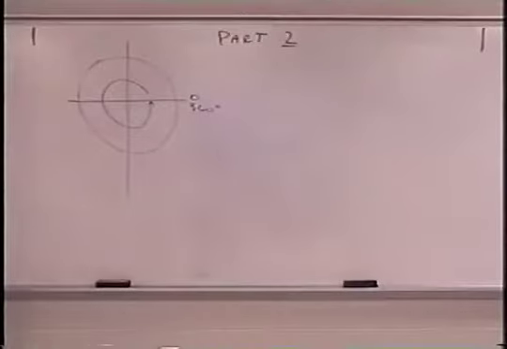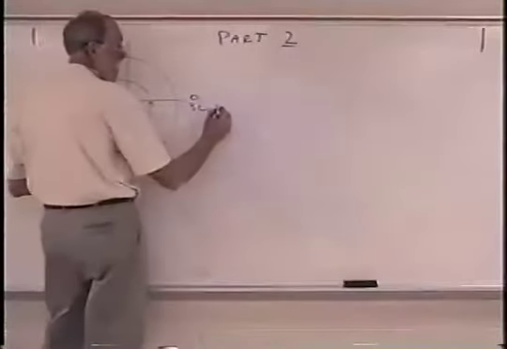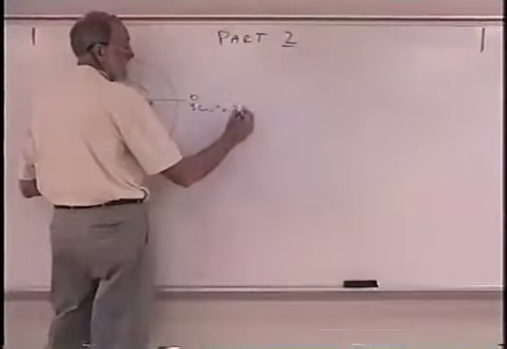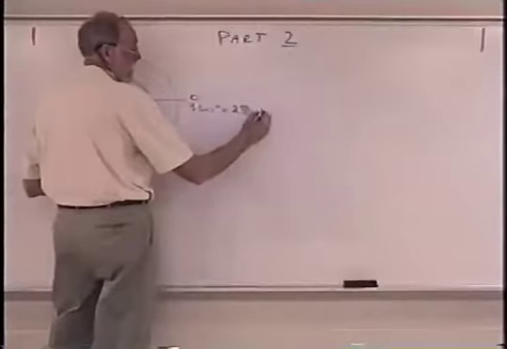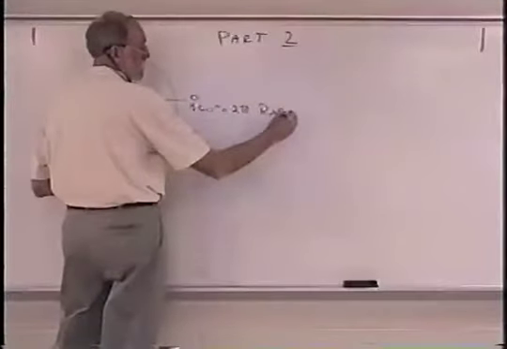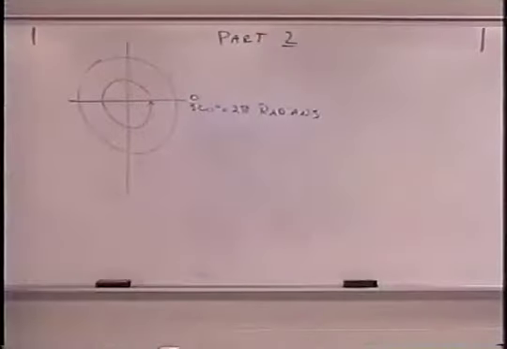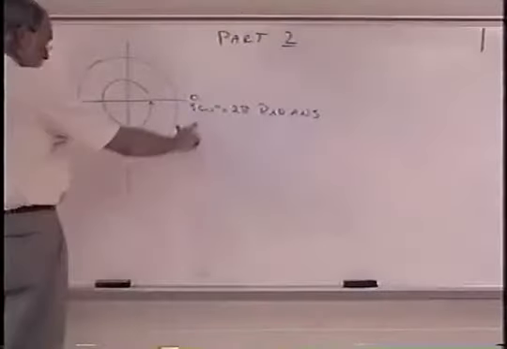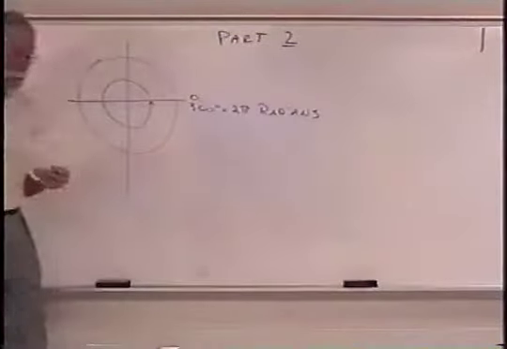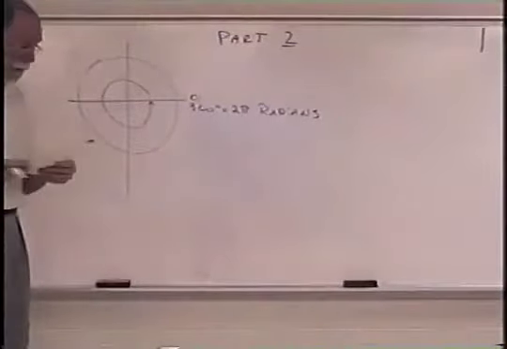We also can say that we have 2 pi radians in a circle.